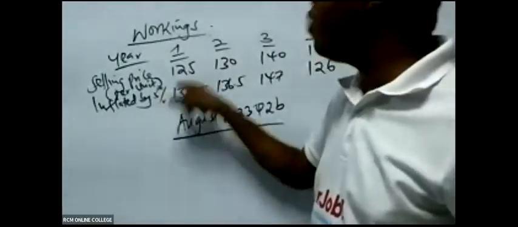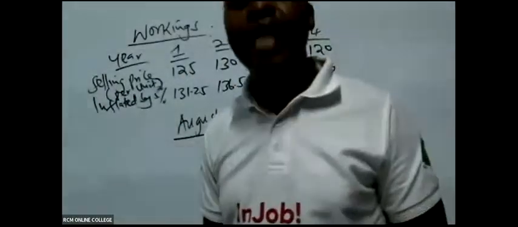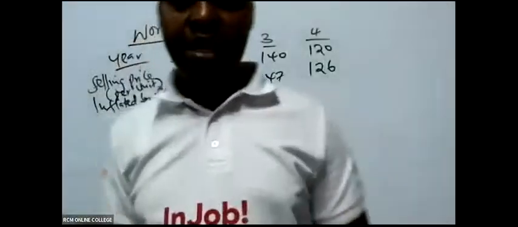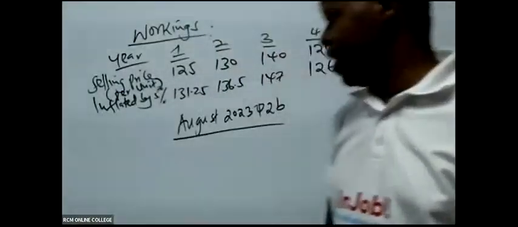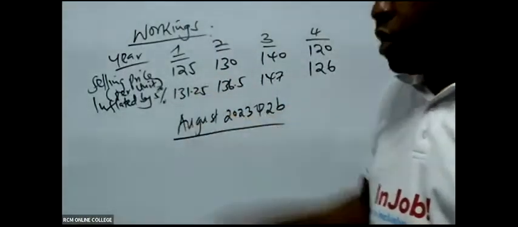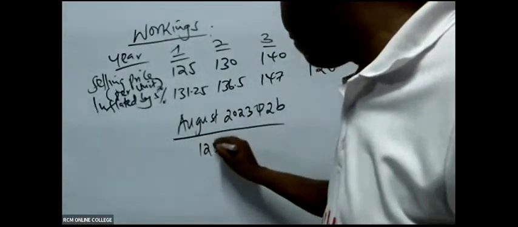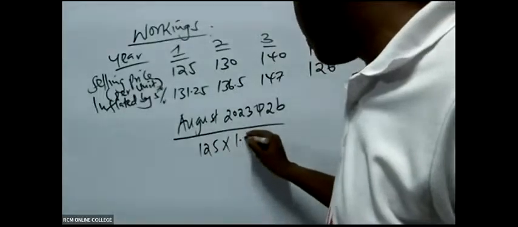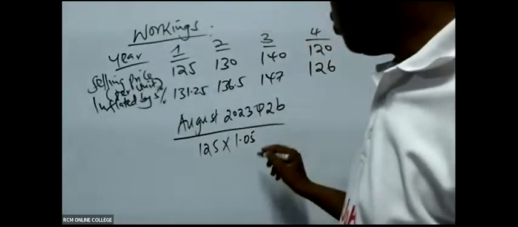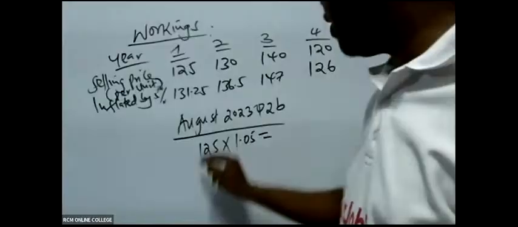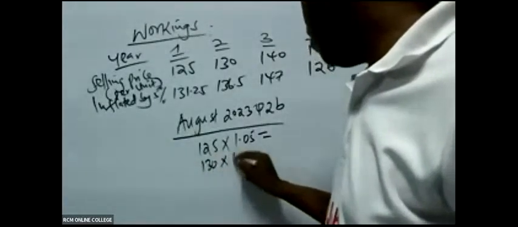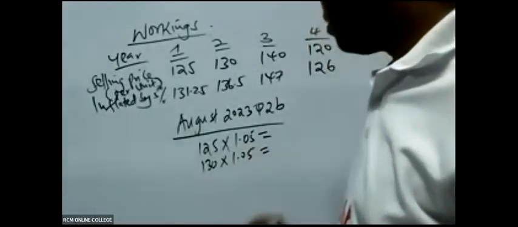The effect of inflation will increase the selling prices. So this is how we got the new rates. You take 125, you multiply by 1.05. You take 130, you multiply by 1.05.